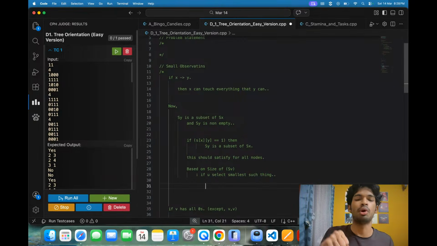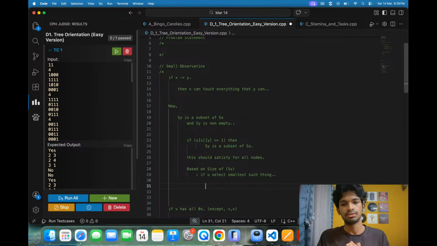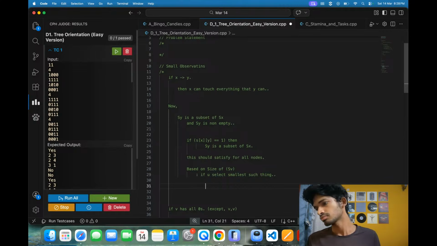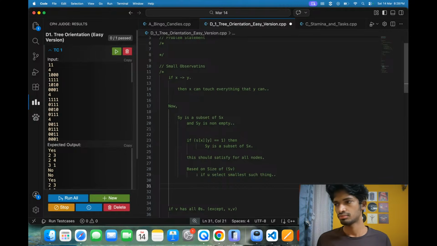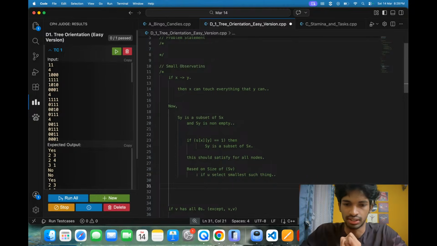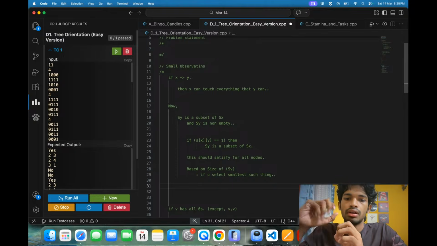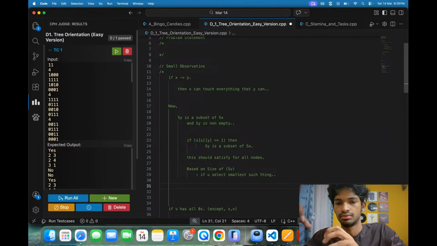If you look at the smallest such thing, nothing goes out of it likely.